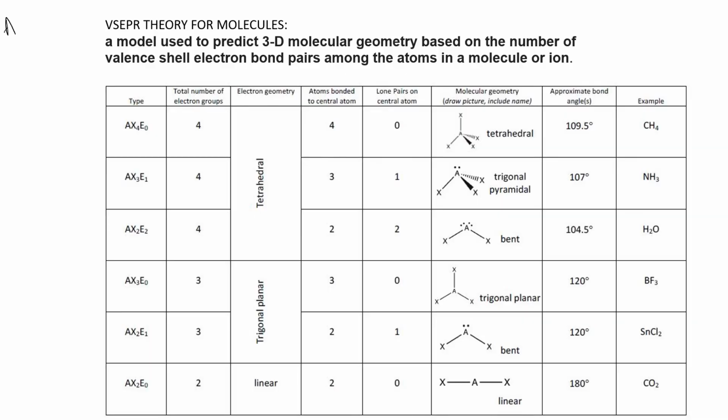Now we know that atoms tend to bond with each other. So there is chemical bonding happening. Atoms, either molecules or even elements, tend to form chemical bonds. And to explain the formation of chemical bonds, scientists have come up with many theories. Out of them, the most accepted and used is the VSEPR theory, that is valence-shell electron pair repulsion theory, which predicts the 3D molecular geometry of a molecule based on how the repulsion is happening, giving a geometrical structure with minimal repulsion.